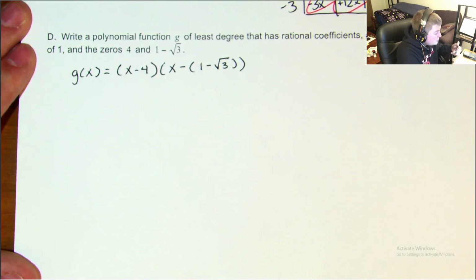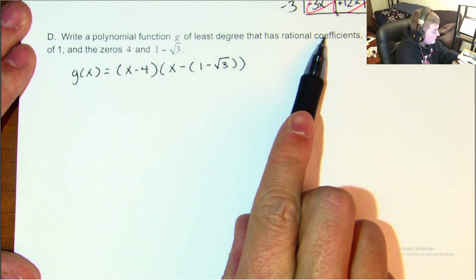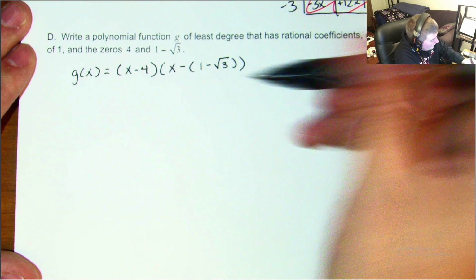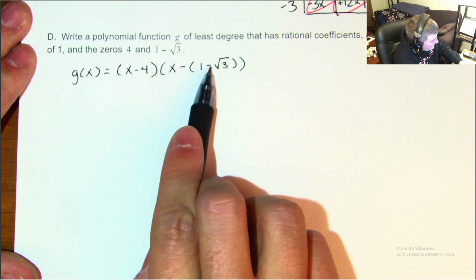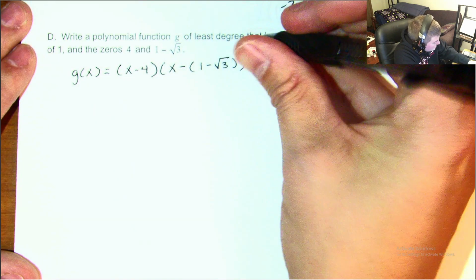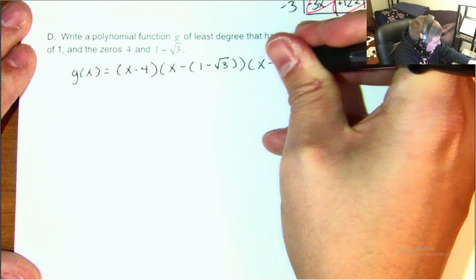Okay, and then using the conjugate roots theorem, or the irrational conjugates theorem, okay, we now know that if x minus 1 minus the square root of 3 is a factor, x minus 1 plus the square root of 3 is also going to be a factor.